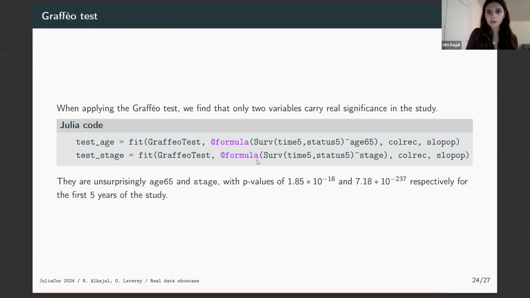So when we're defining a formula here, Surv doesn't really do anything, but we're saying that in a survival context, we are taking variables such as time and status, kind of like a y, and it's being formulated within the variable.